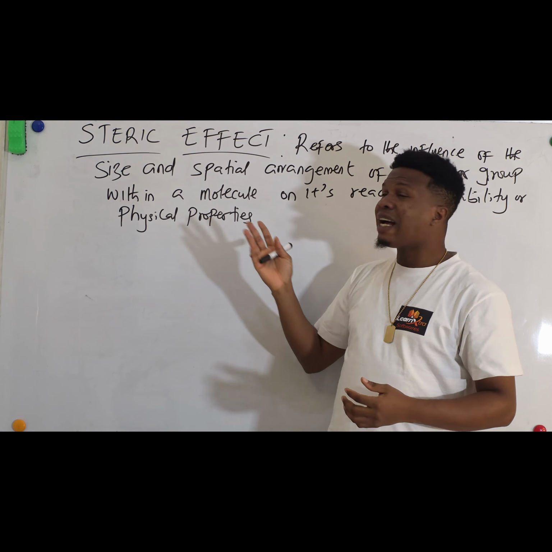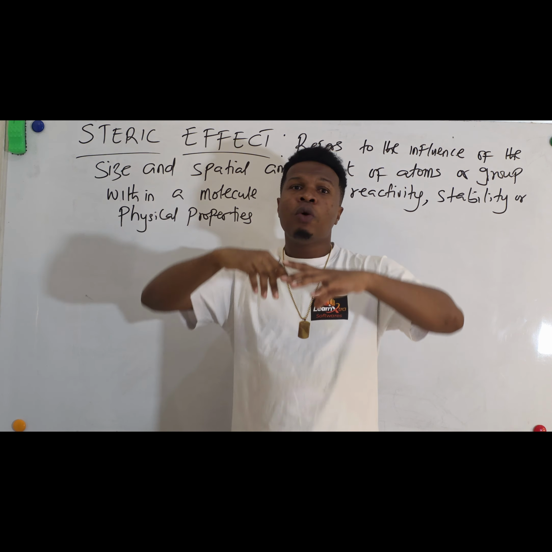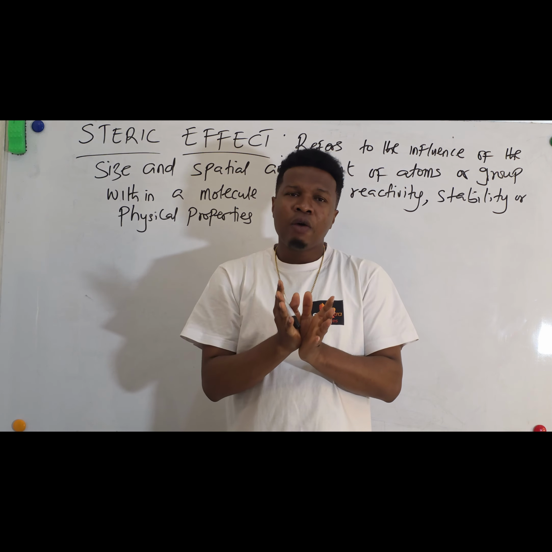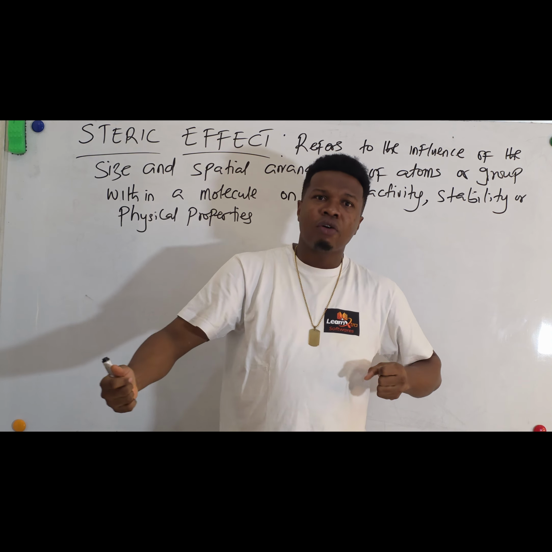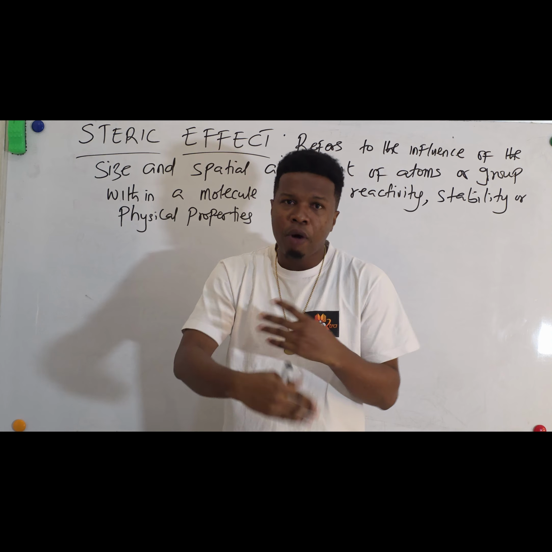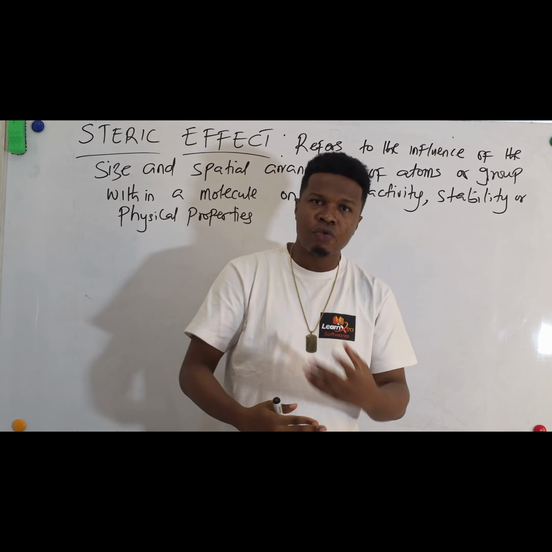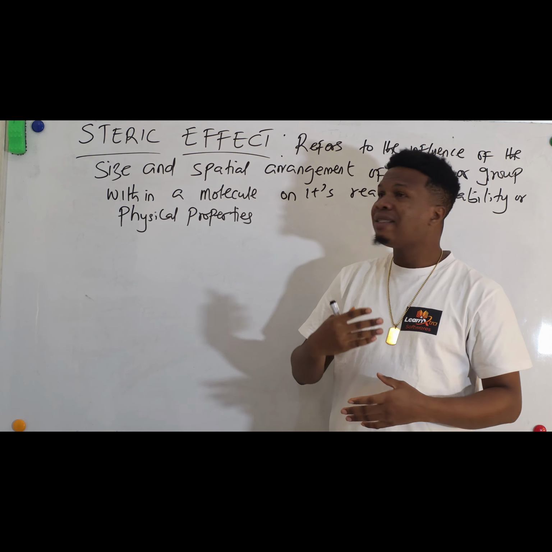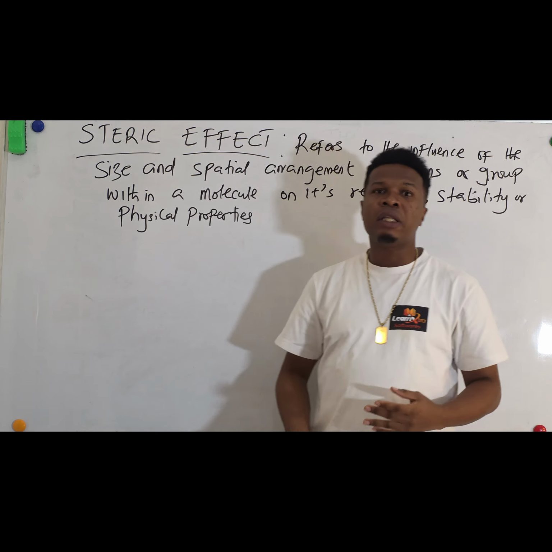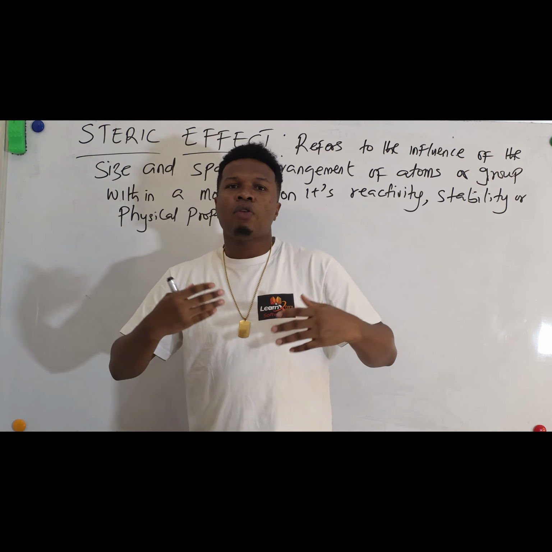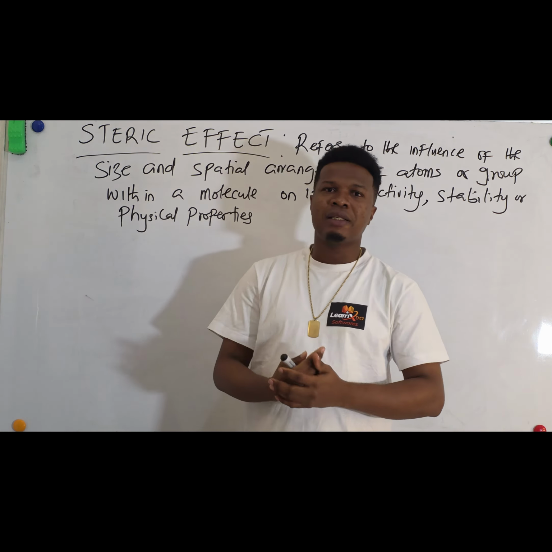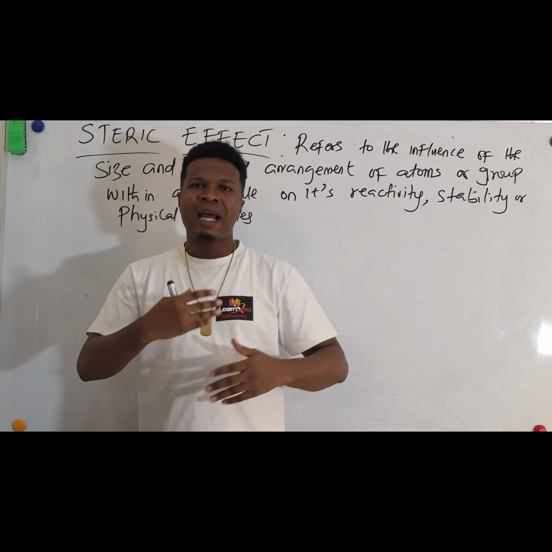So steric effect has to do with the size or group of atoms within a molecule that can affect the angle strain and cause what we call repulsion. This repulsion can lead to the molecule getting distorted and then affecting its reactivity and its physical properties. So these are the effects that can happen around the carbon.